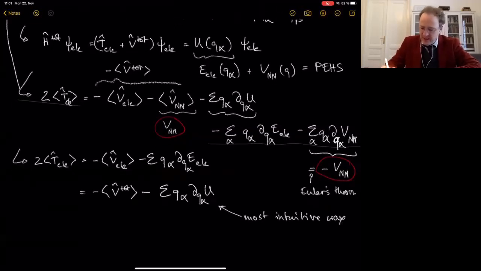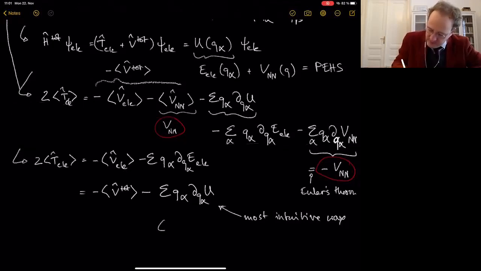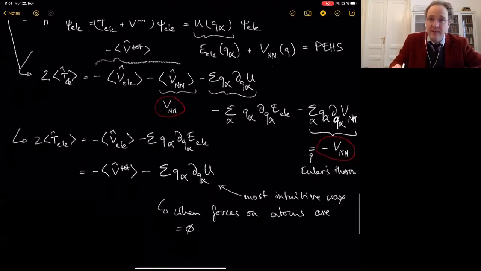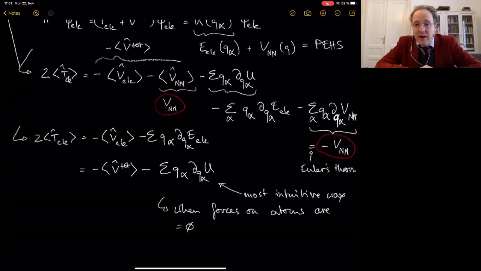And it tells you that when forces on atoms are 0, then you're either in a minimum or on a saddle point or in a dissociated regime.